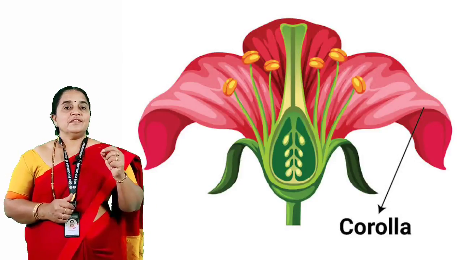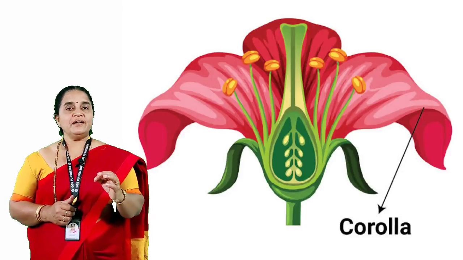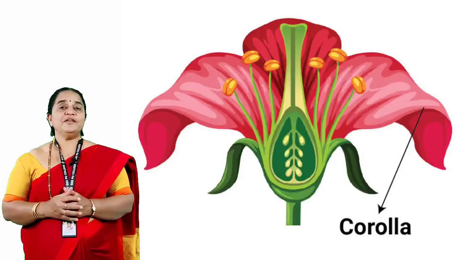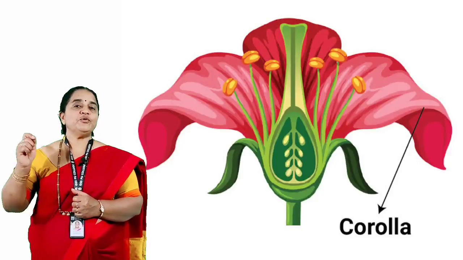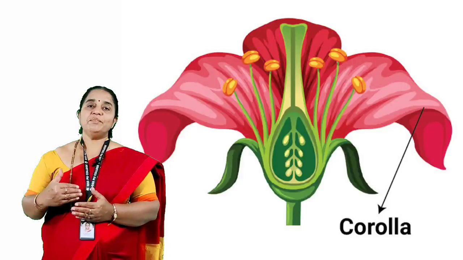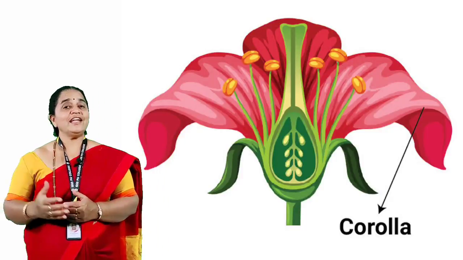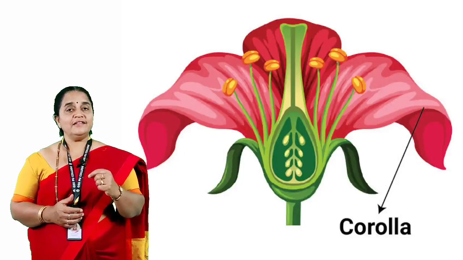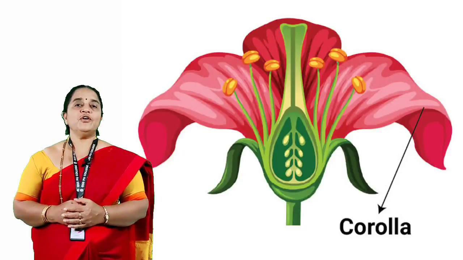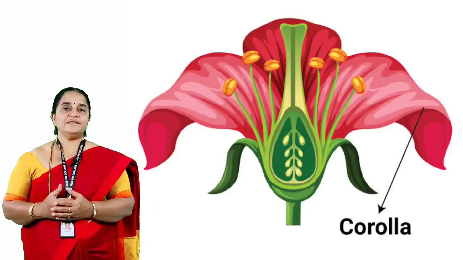The arrangement, fragrance and attractive colors of the petals are usually to attract insects for pollination. As the sepals and petals of calyx and corolla are not directly involved in reproduction, these 2 whorls we call non-essential or accessory whorls.